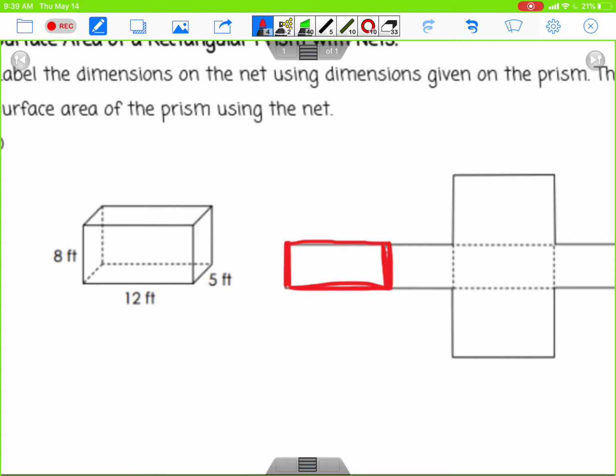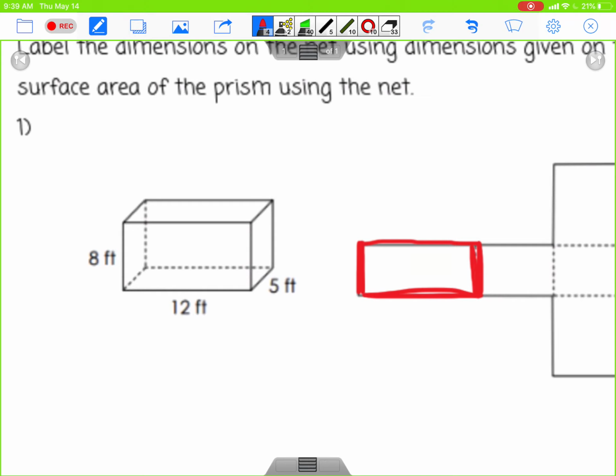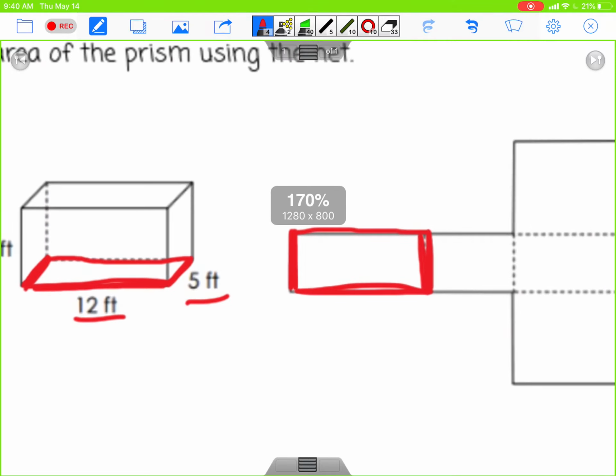It's a long, skinny rectangle, so I look at my three-dimensional shape and ask where this would go. The other long, skinny side is right here, so they match up. The numbers that go with that are the 12 feet and the 5 feet, so I'll put 12 and 5.